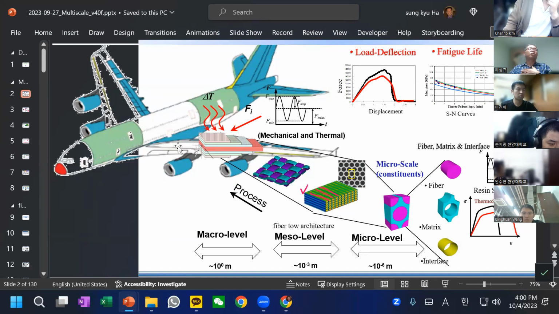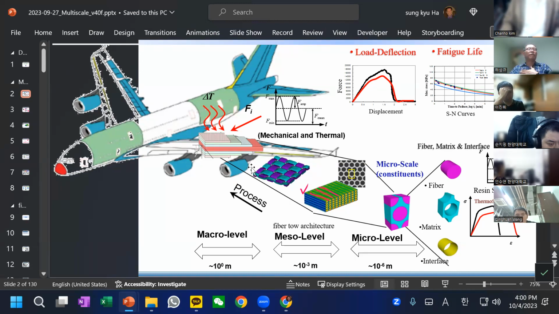And then main structures. No matter what structure, we can think of these structures, or airplane, or aircraft, or pressure vessels and anything. And then you can imagine there's a laminate. And in each one you have a woven or ply, and then a fiber and so on.